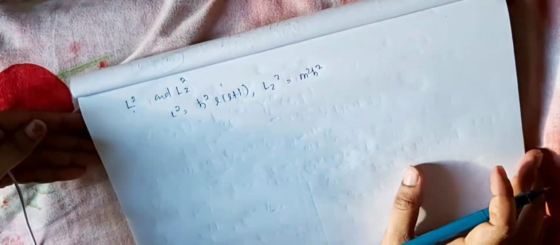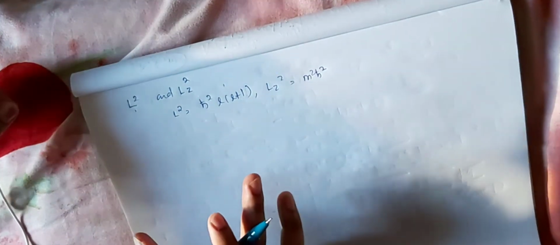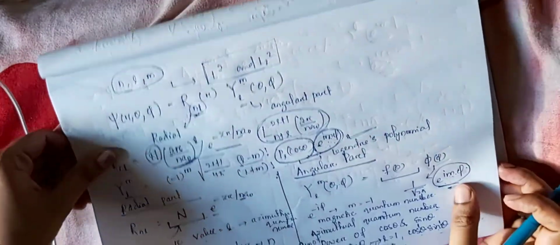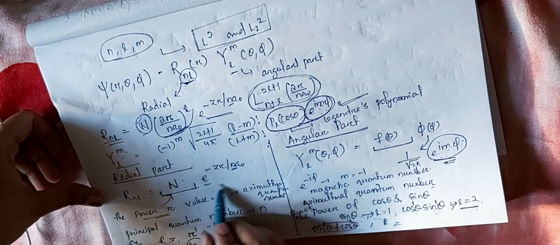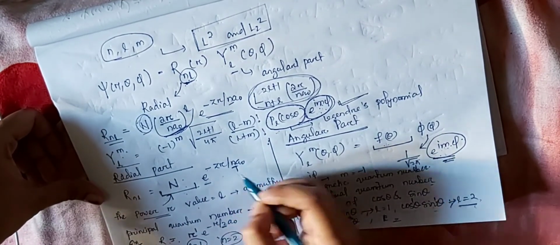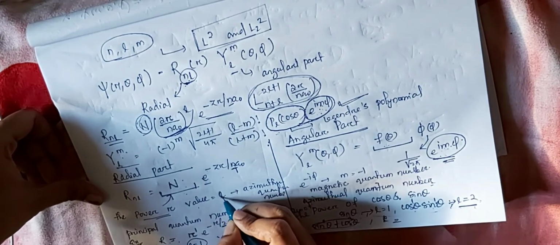So you don't have to worry about the long equations. Okay, so you have to only identify, as I said before, the equations. Okay, so from the equation we'll get, we don't need n here, because we have to only find out L and m.